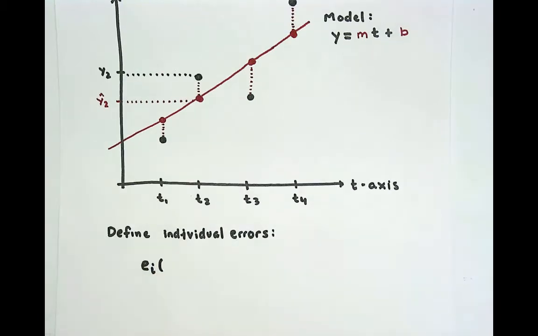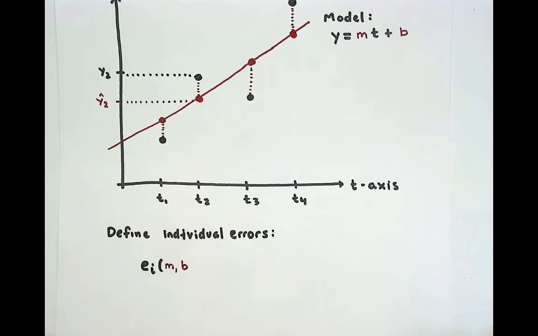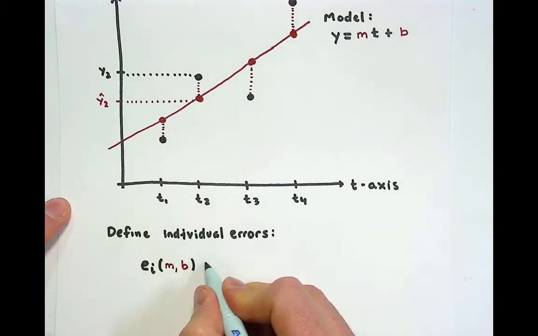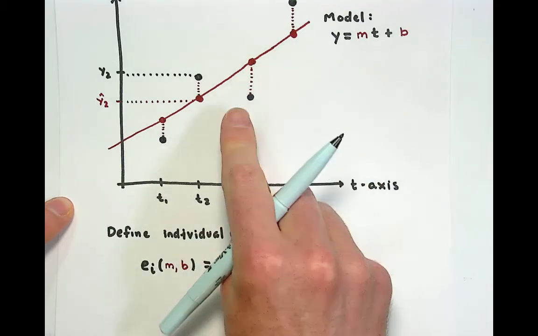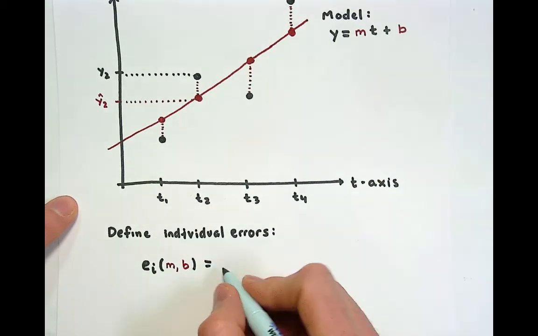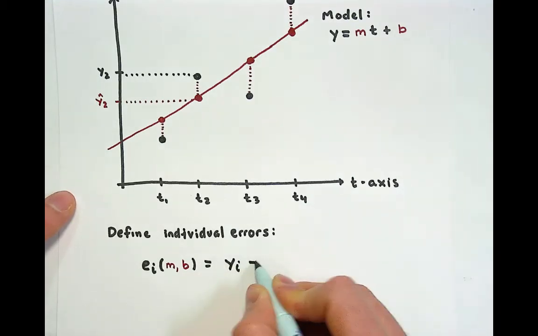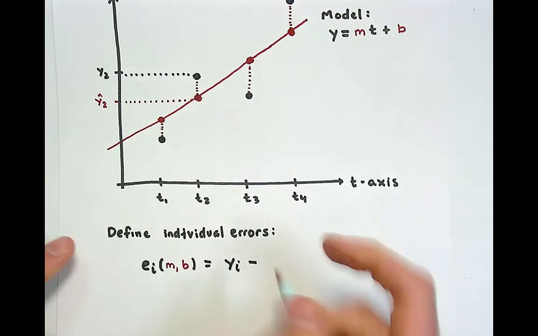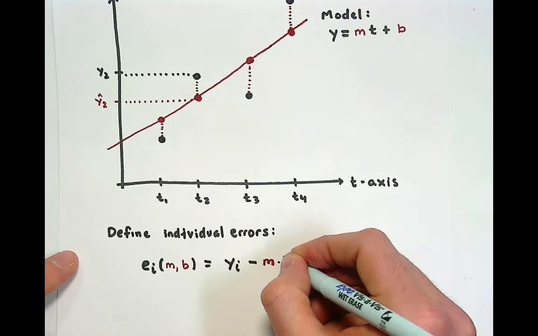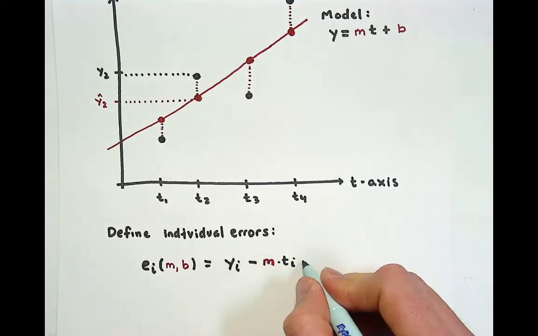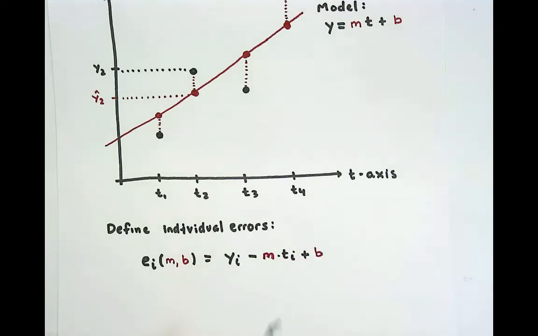And notice that these are all a function of m and b. This is a multivariable function. Depending on the y-intercept and the slope that I choose, each individual error is going to be different. Here we call this y sub i minus the output value of the function, which was m times the collected input value plus whatever the y-intercept was.